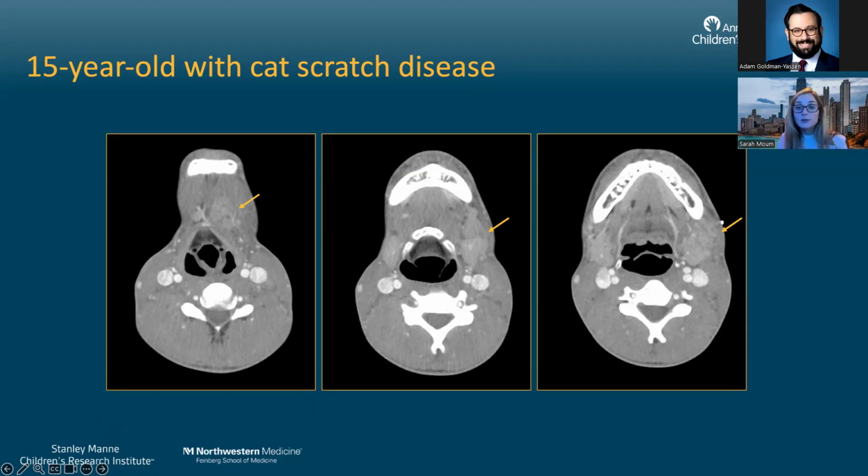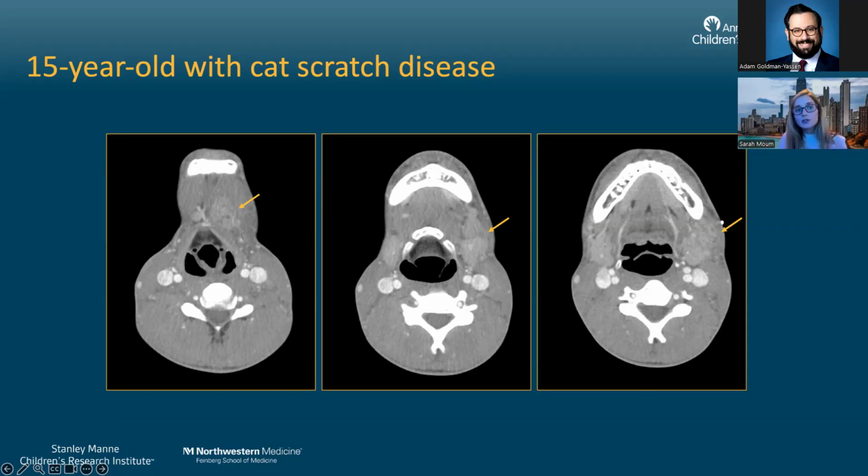Cat scratch is secondary to Bartonella henselae, as we know from medical school. Pathophysiology-wise, this results from inoculation of the skin by a cat scratch, and the reactive adenopathy happens downstream from the draining lesion on the skin. Usually you'll see the adenopathy about 1 to 2 weeks after the inciting event.